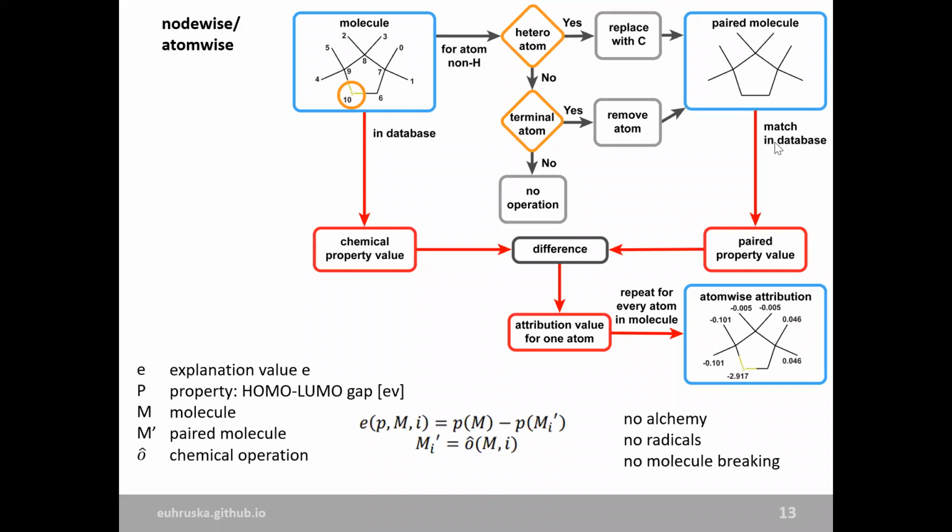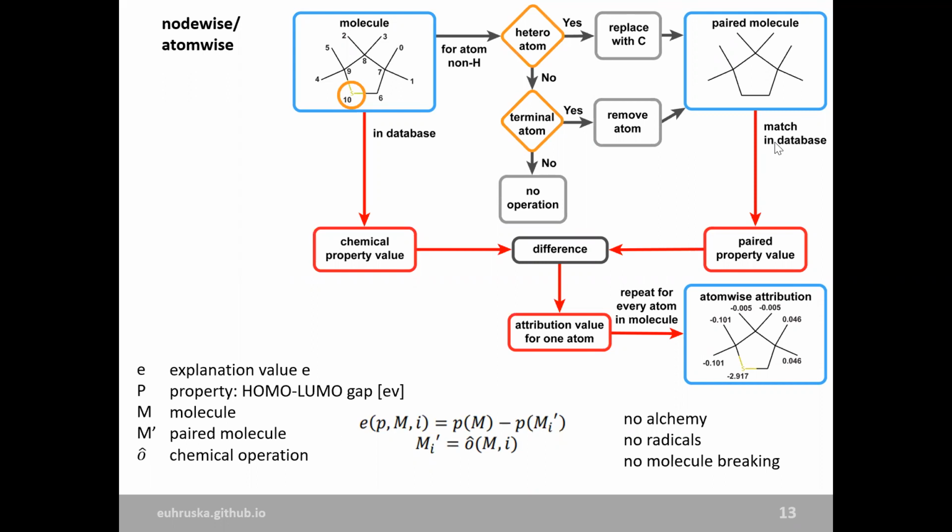In this case also, I don't use any radicals and we prevent any breaking of the molecule. If we break the molecule, going from one graph into two graphs, that would also be an invalid chemical operation.